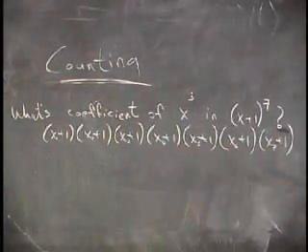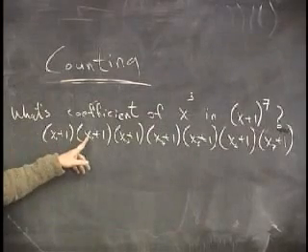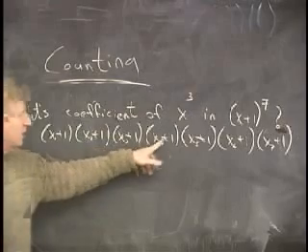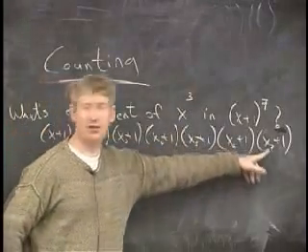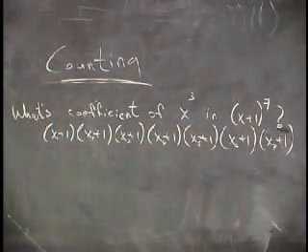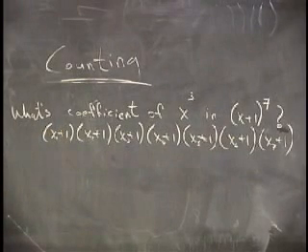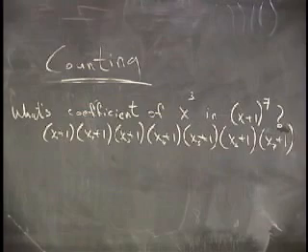Let's multiply through an example. I could get x1 times x2 times 1 times x4 times 1 times x6 times x7. I can just multiply through, and as I go along, left to right, I can choose either to multiply through the x part or the 1 part.